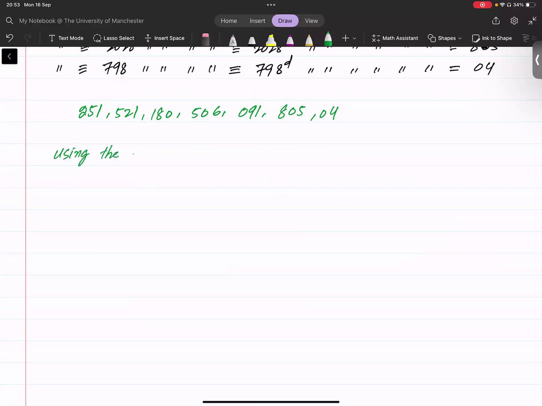Using the original substitution, 01 for A, 02 for B, and so on, you finally translate this message.